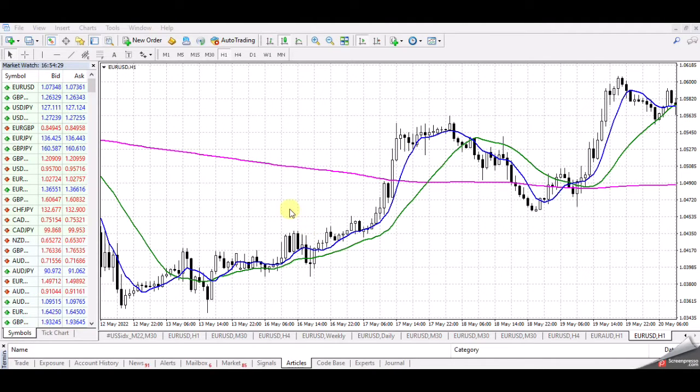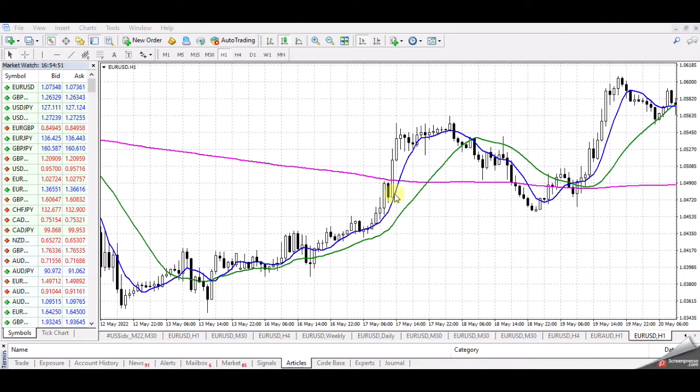What's the difference between the 200 moving average and the 21 period moving average? The 200 period moving average is a slow moving average, okay?